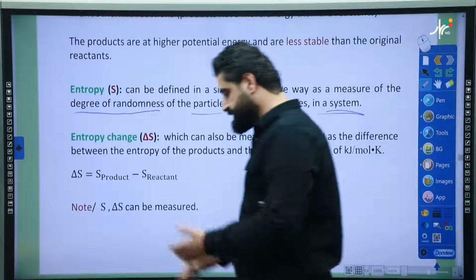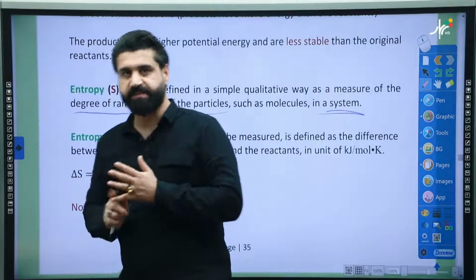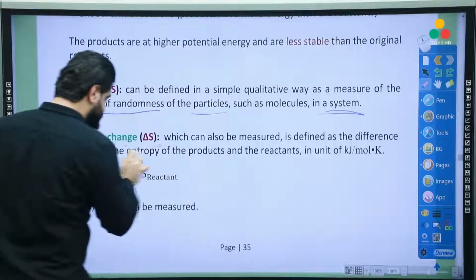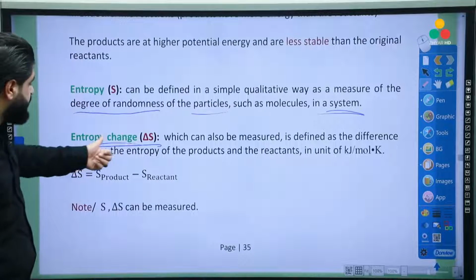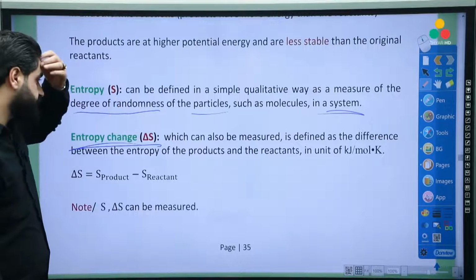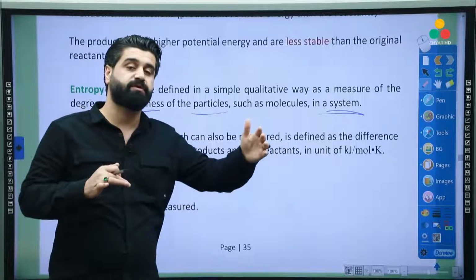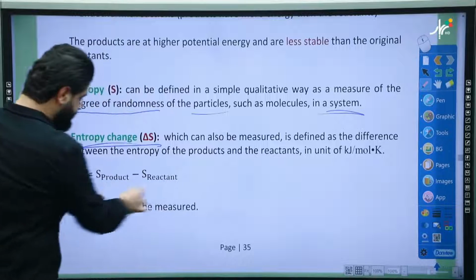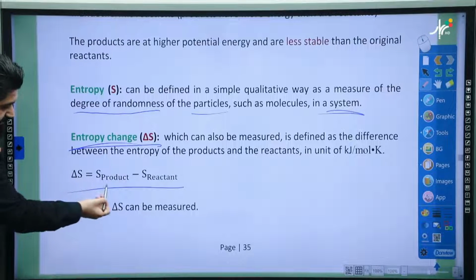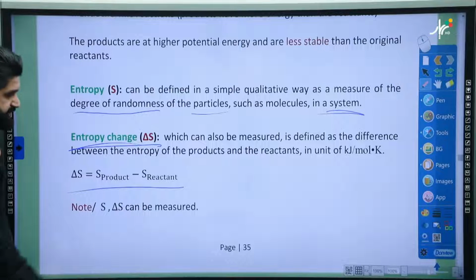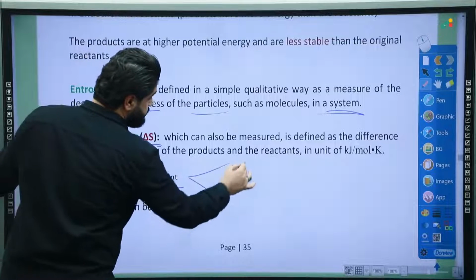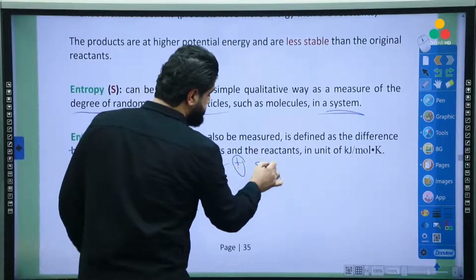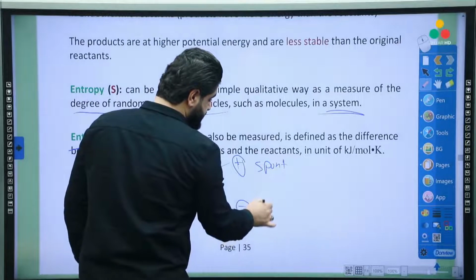But as you know, we haven't studied H, we have studied delta H. For S, it's the same, we're going to deal with delta S. So delta S, the entropy change, is the difference between the entropy of the products and the reactants. Delta S equals S of products minus S of reactants. So we have two types of delta S, positive and negative. For positive, it's spontaneous. For negative, it's non-spontaneous.